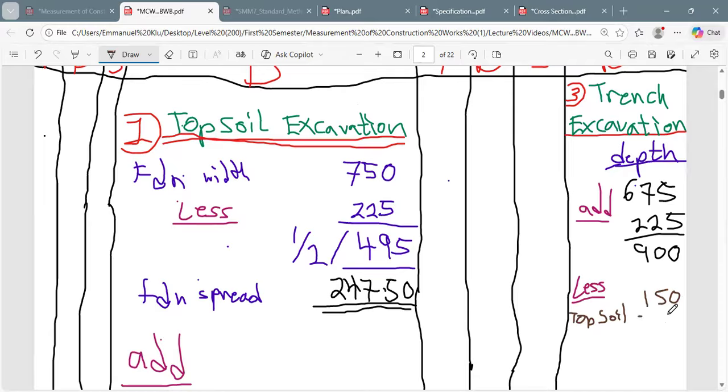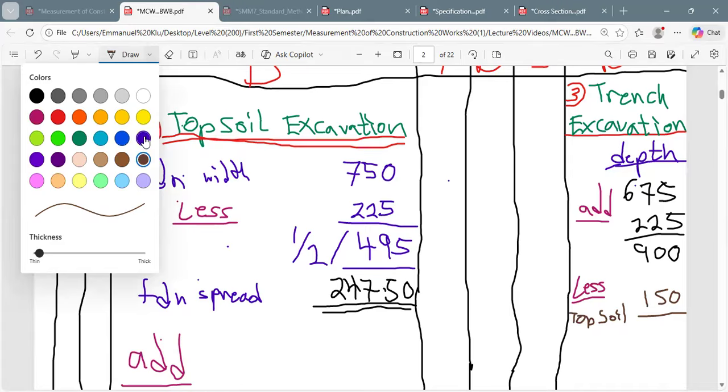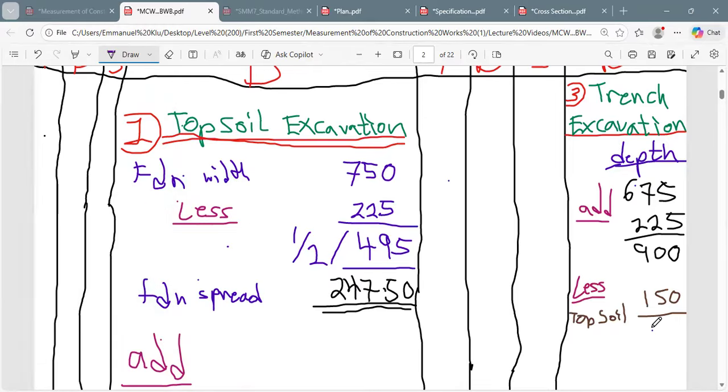So at the end of the day, if you cut here, what are you going to get? Finally, we are going to get our answer to be 750.